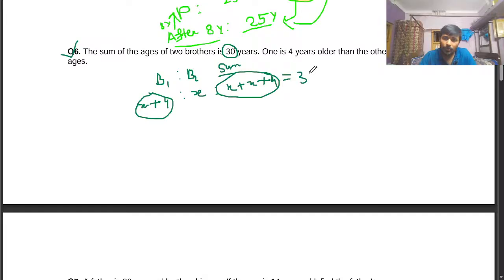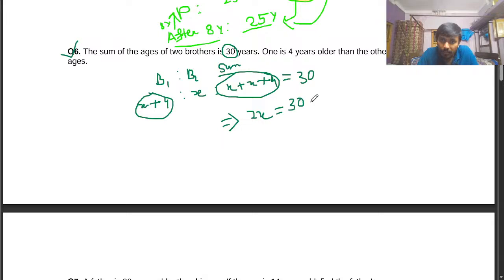We can write it. Then we will find out the value of x. We have to find their ages. So x plus x equals 2x, and this 4 will be passed to this side, then it will be 30 minus 4.